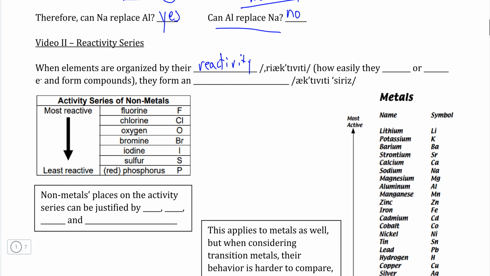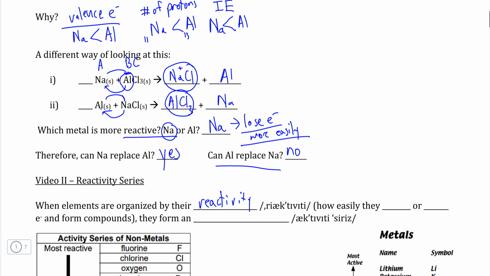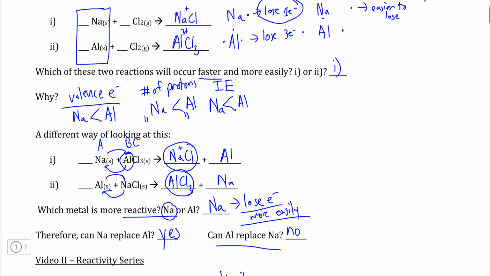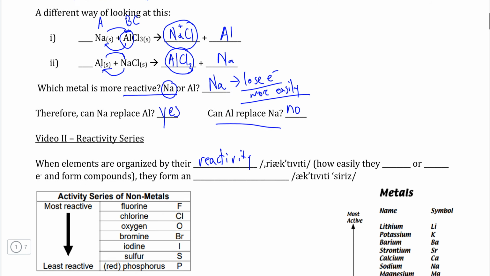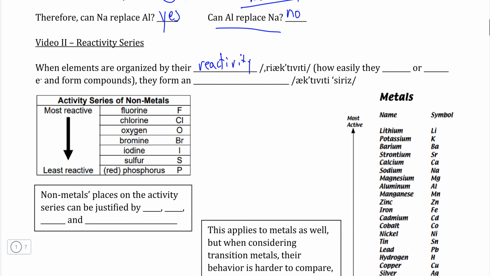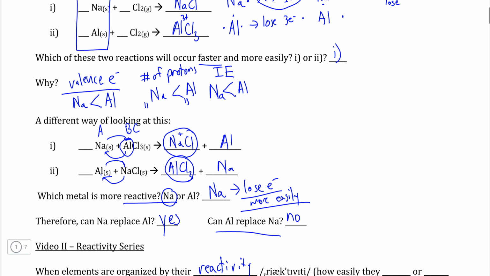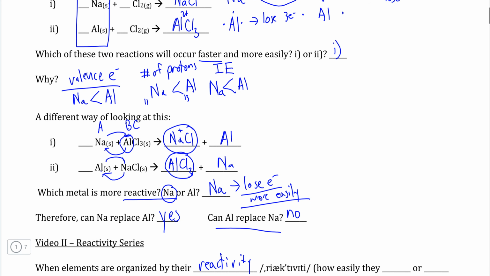And in the next video, we're going to use what we have explored about the relationship between atomic radius, ionization energy, and electronegativity, as well as things like valence electrons, in order to analyze a number of patterns that we see in both nonmetal and metal reactivity in order to give us a tool that we can use to predict how synthesis reactions and single displacement reactions are more likely or unlikely to occur based on an element's reactivity.